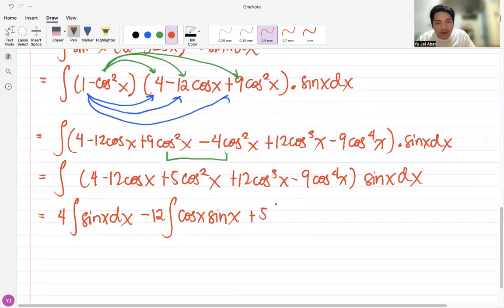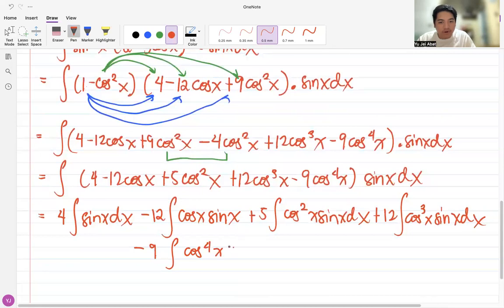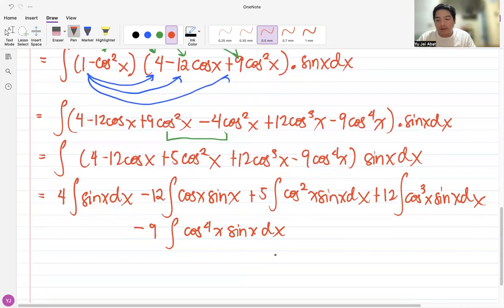Then plus 5 times the integral of cosine squared of x sine of x dx, plus 12 times the integral of cosine cubed of x sine of x dx. Finally, minus 9 times the integral of cosine raised to the 4th of x sine of x dx. So I've just used the sum and difference rule and also the constant rule for distributing the sine of x dx in all of the terms.